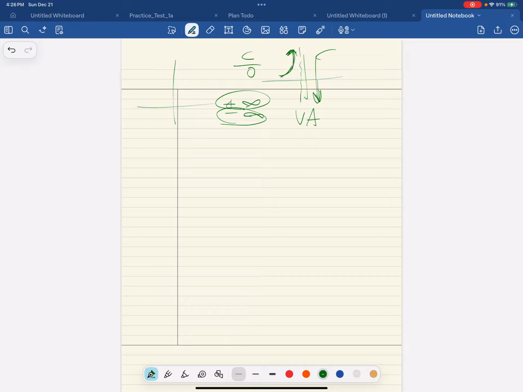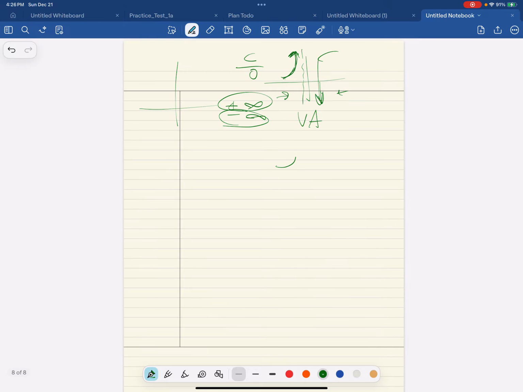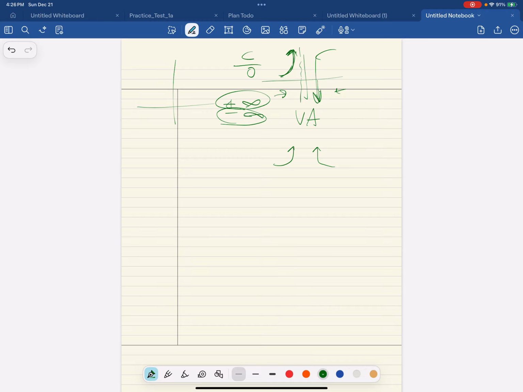But basically, if the function from the right side and the left side are not the same, the limit will not exist. It would exist as positive infinity if both are positive infinity, but usually we'd say there are profs who accept the answer as DNE for your limit. Let's say they're asking, what is the limit as x approaches 0?